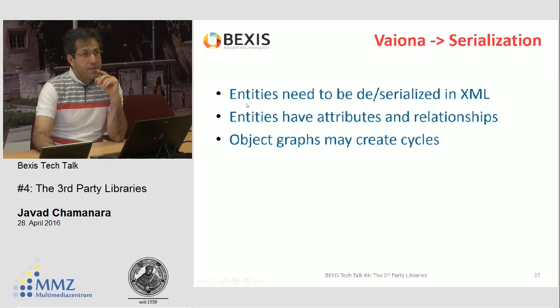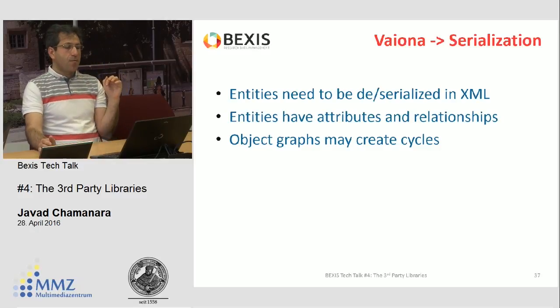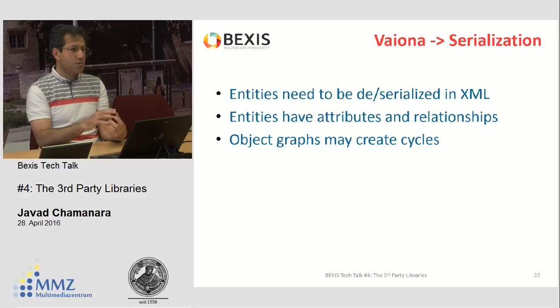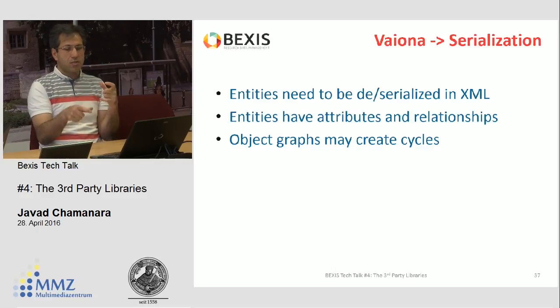They are using the XML serialization. They can manage attribute-based serialization, which I will show you in a moment, and then they can serialize entities which have attributes and relationships. And you know, when relationships are involved in an object model, it's very easy to get a loop, like you are pointing from this object to another one, and that object is again pointing to this one.